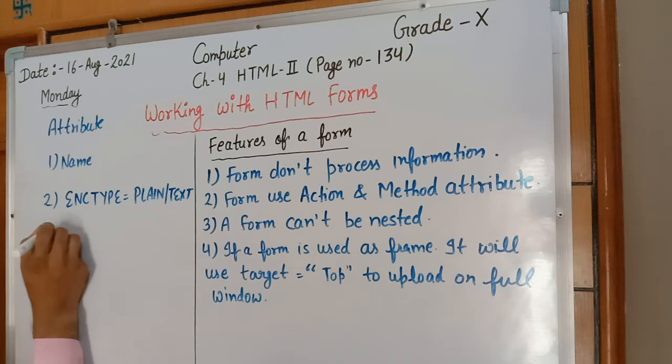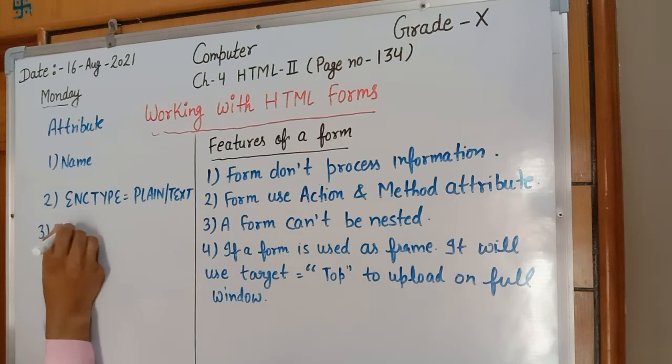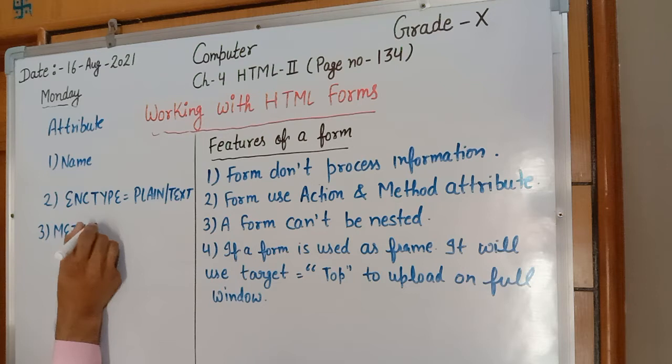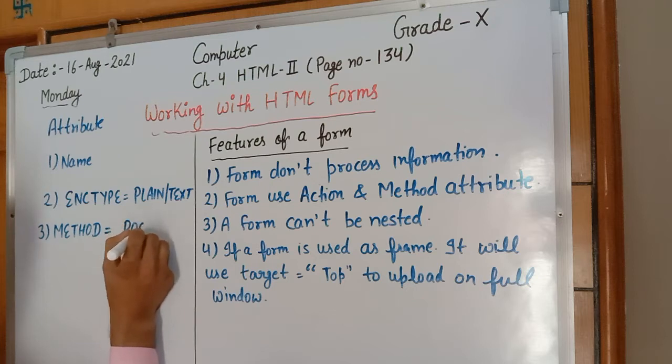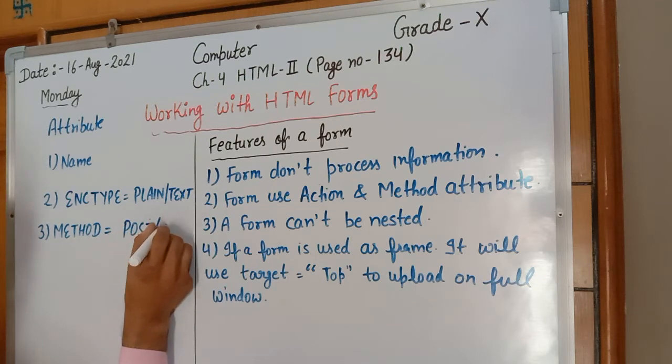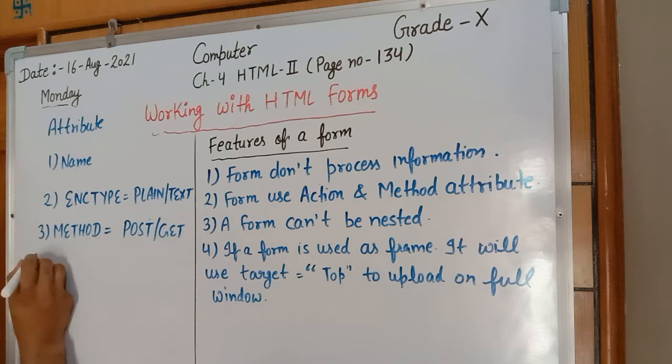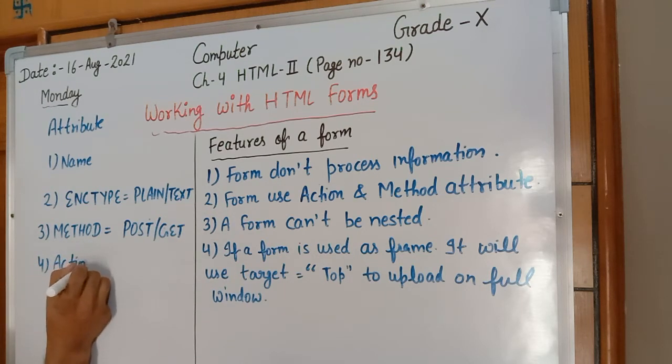Third attribute, that is method. Method can be used by 2 ways. It can be get or post. And fourth attribute is action. Action means where to send the information.